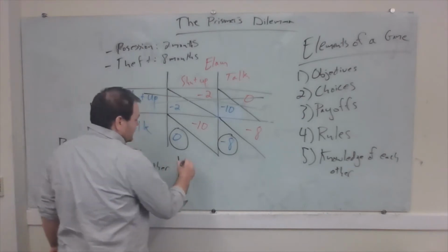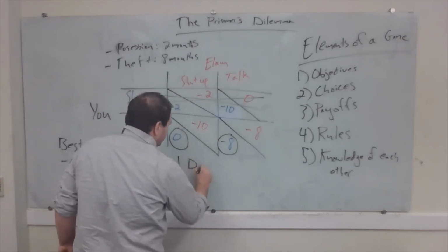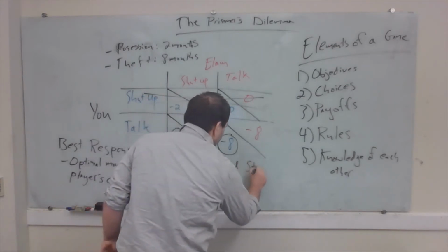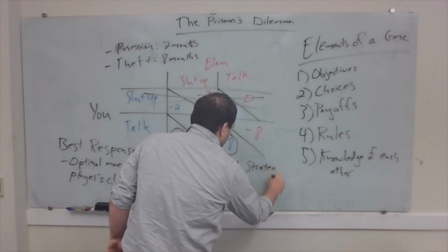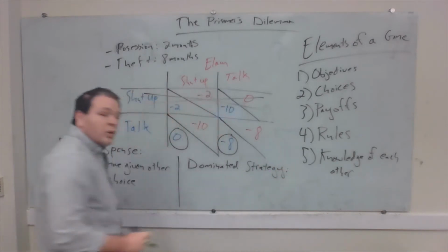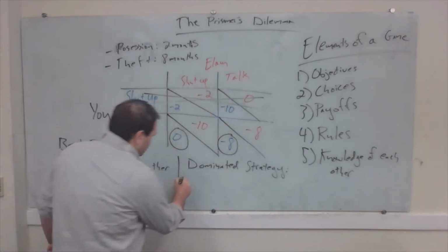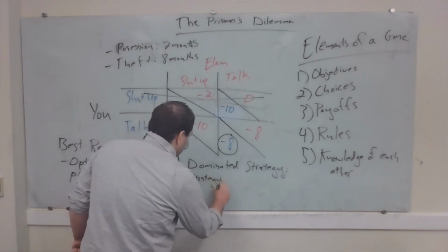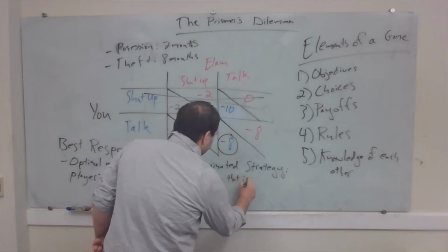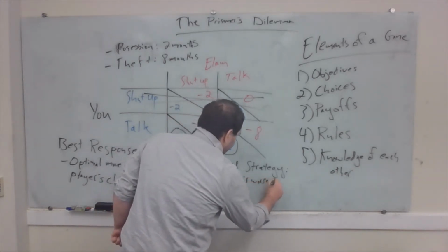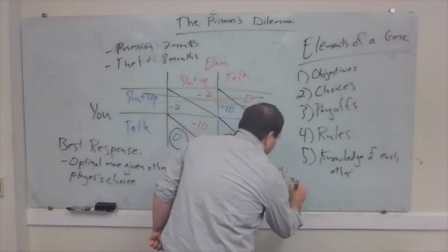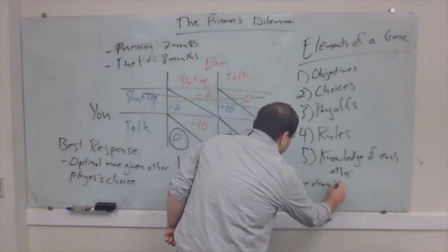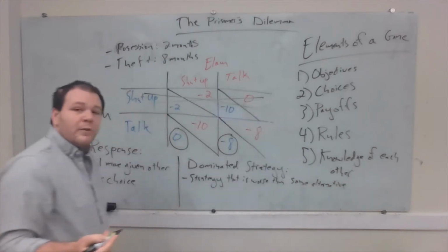So we'll say a dominated strategy is a strategy that's worse than some alternative for any move that the other player makes.